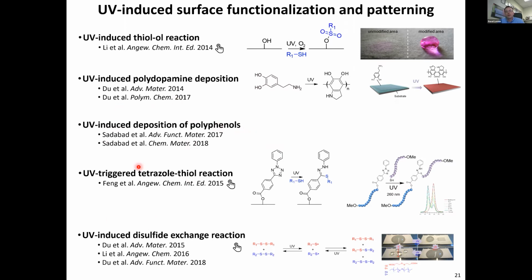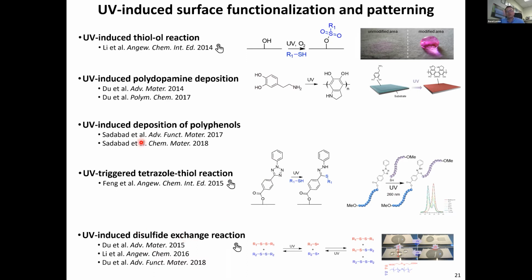We showed the tetrazole-thiol reaction, which is interesting because the product of the reaction is fluorescent, while the tetrazoles themselves are non-fluorescent. It's a so-called self-reporting reaction. And we also showed the UV-induced disulfide exchange reaction.